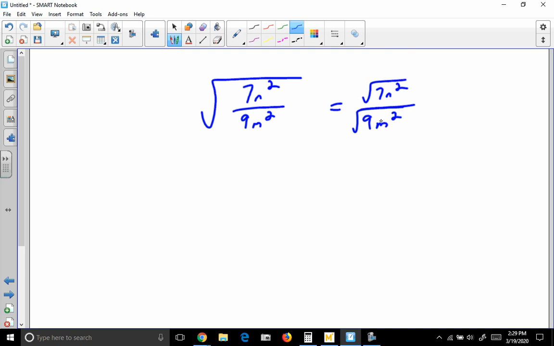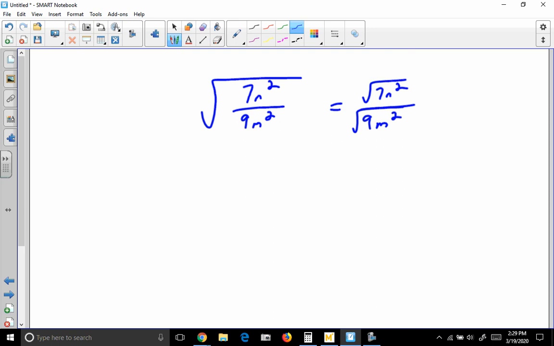If we have a square root on top and a square root on bottom, if we have common factors, we can reduce those because we could consider that one fraction under one radical. And of course, if we have a single fraction with common factors, we could reduce. This one doesn't have common factors because these are different letters, and 7 and 9 have no common factor.